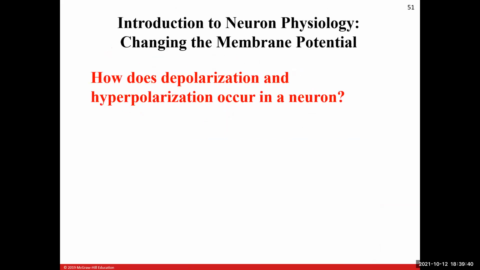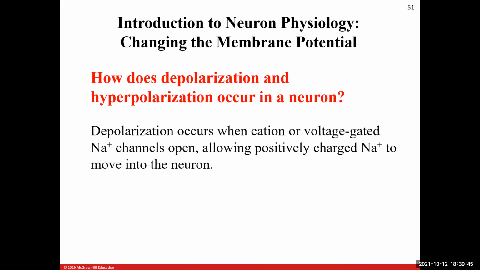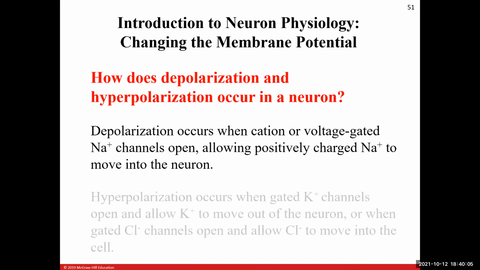How does depolarization and hyperpolarization occur in a neuron? Okay, so depolarization, we're going to make the inside of the cell less negative. We're going to either bring in some sort of positively charged ion, a cation, or our voltage gated sodium channels open up and sodium pours in. And that positively charged sodium will help to depolarize that cell.